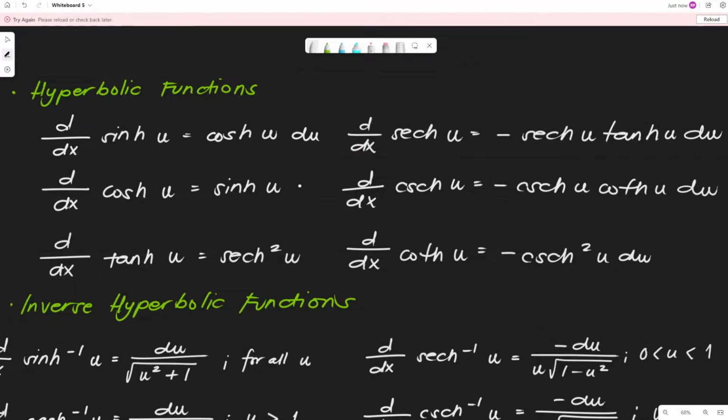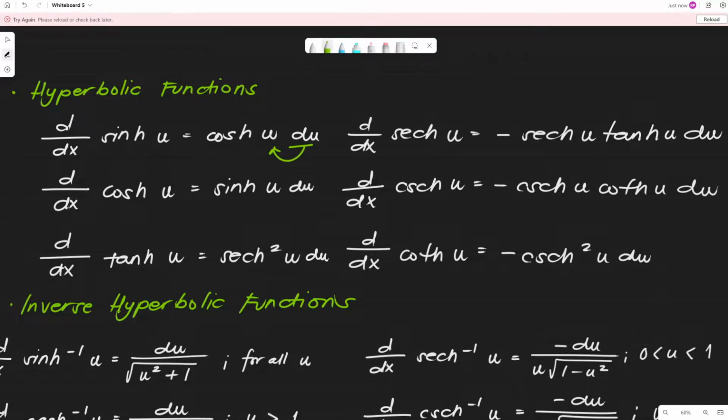So if we have, let's say, hyperbolic sine u, the derivative of that is hyperbolic cosine u du, where du is the derivative of u. So it's just like that.